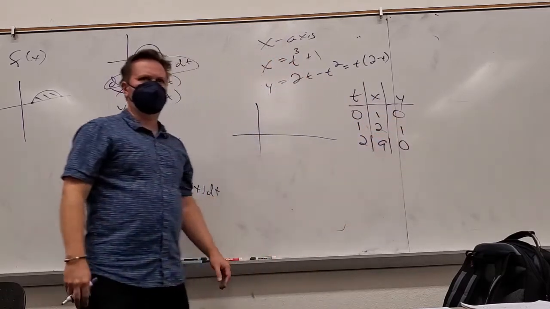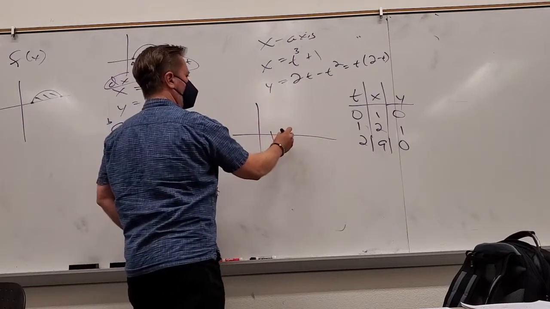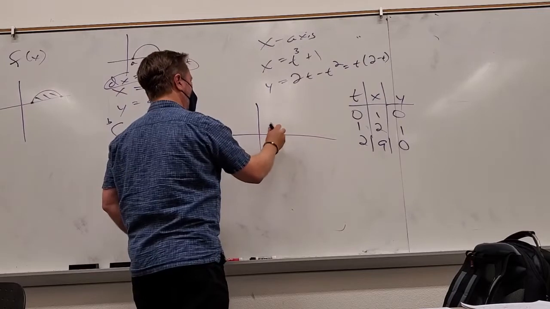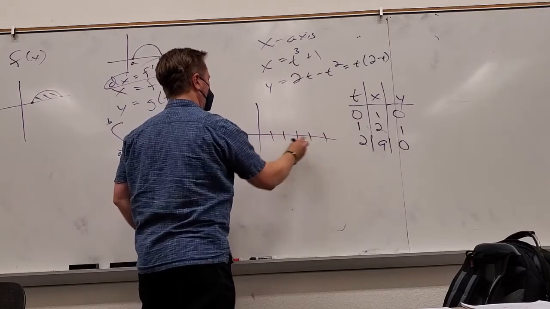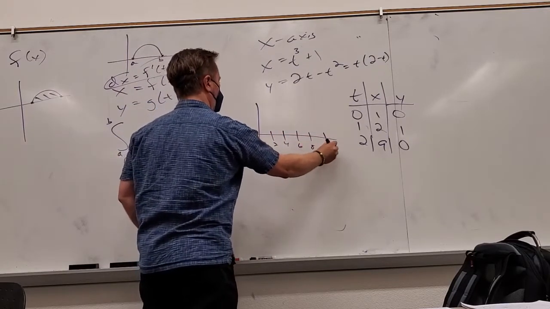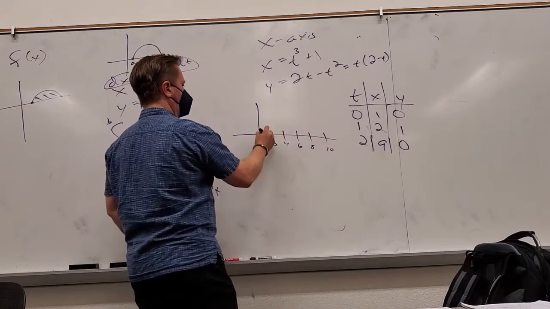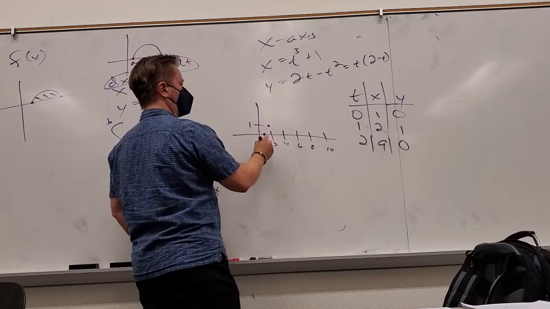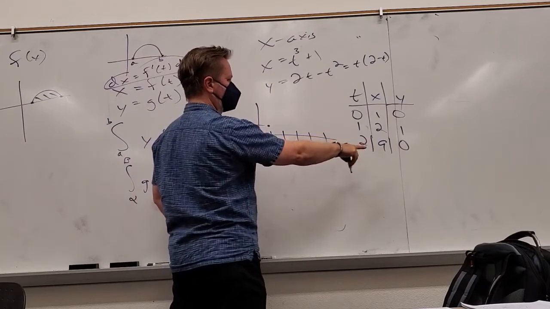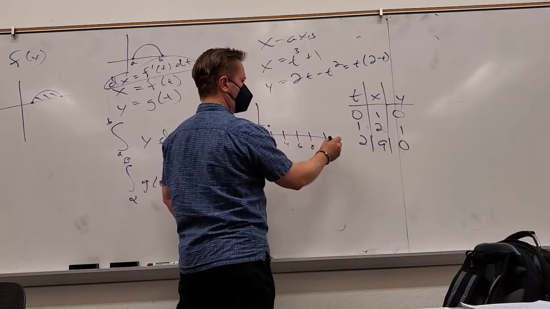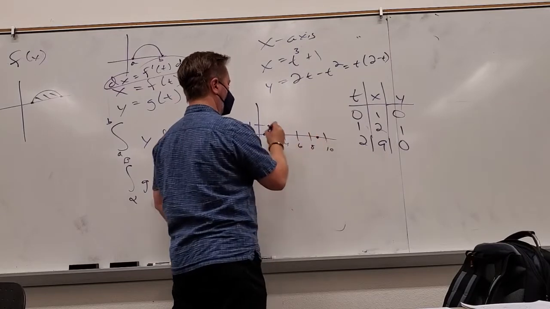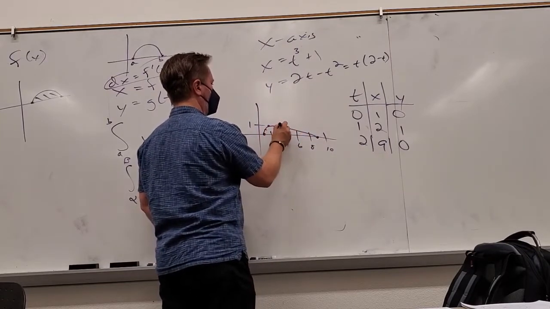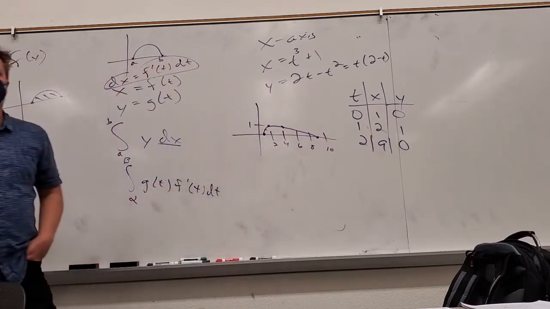Okay. So I've got to go up to 9. So I have 1, 0, 2, 1, and 9, 0. Okay, so it looks like that. The arrows you don't really need in this problem, but still.